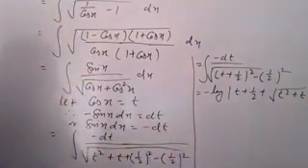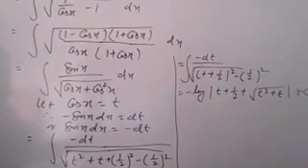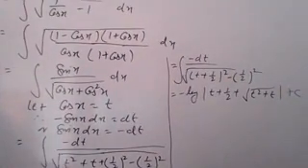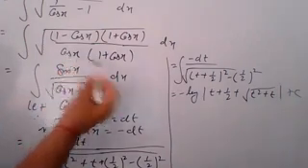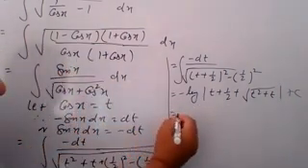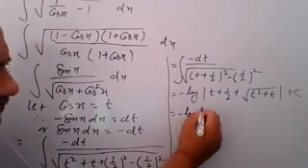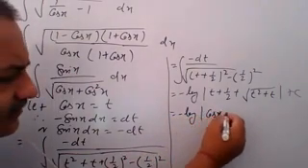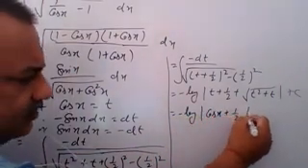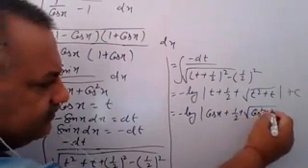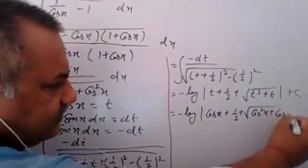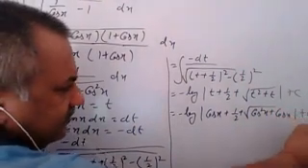Now putting t is equal to cos x, you have minus log cos x plus 1 upon 2, plus under root cos square x plus cos x, plus c is your final answer.